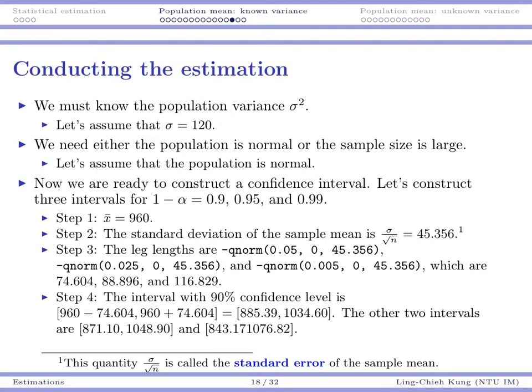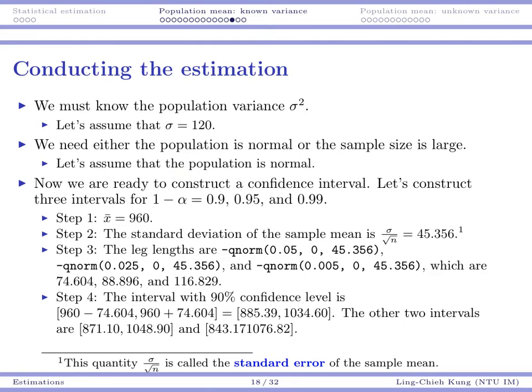Let's assume sigma equals 120. We also need either the population to be normal or the sample size to be large. This is how the sample mean can be a normal distribution. So here, let's assume the population is normal. Okay? Suppose we really have these two conditions.